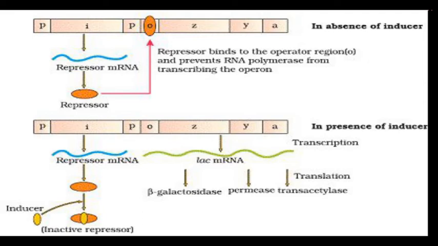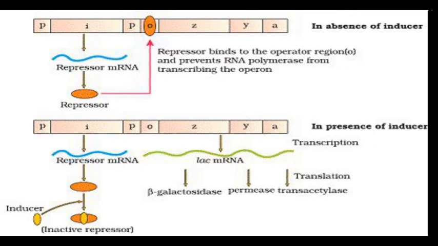We already know that the repressor always binds to the operator region. When this inducer, lactose, binds to the repressor, it inactivates the repressor, so the repressor, along with the lactose, is not active on the operator. Therefore, it leaves the site of the operon.